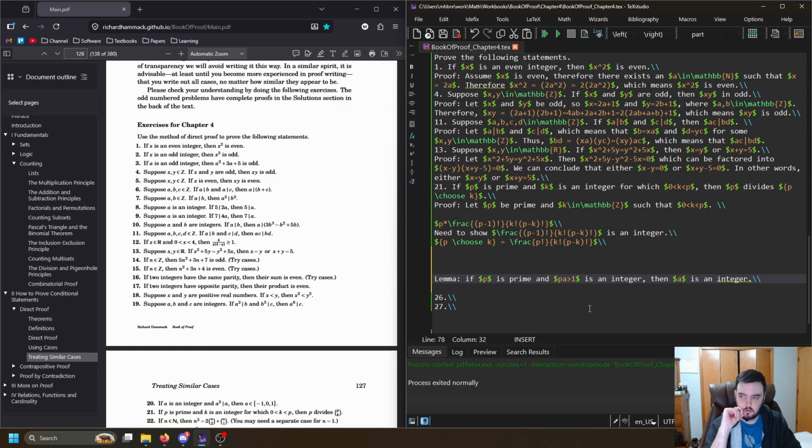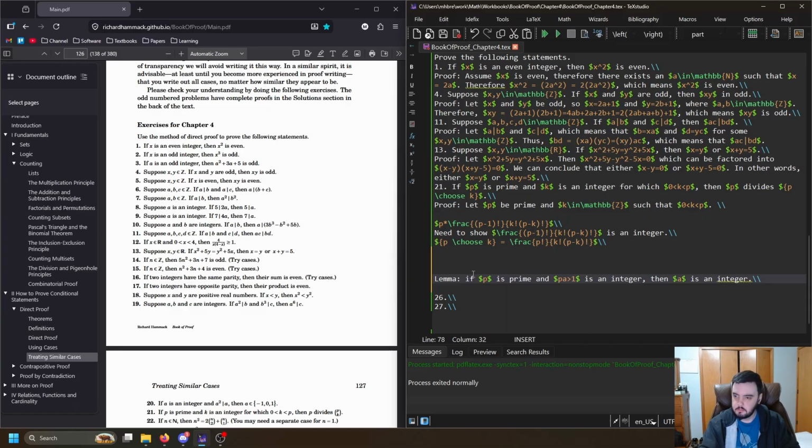Can't be 1, or else you could have 1 over p, which is not an integer.